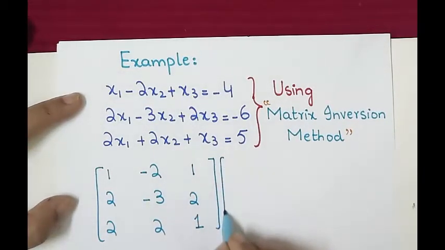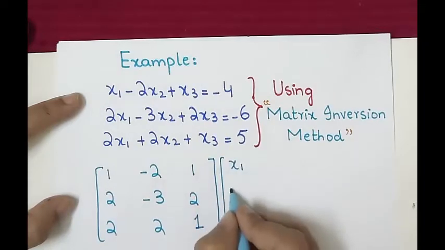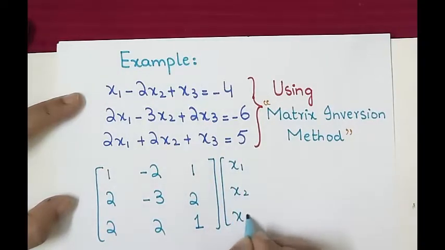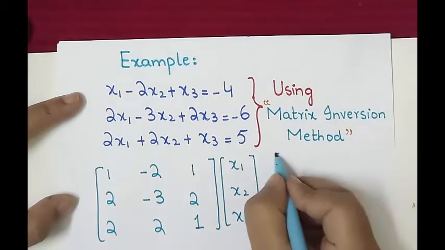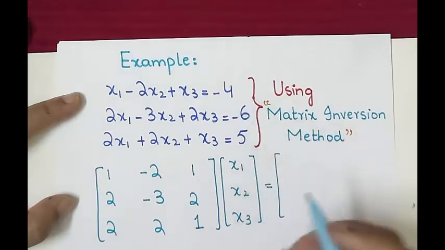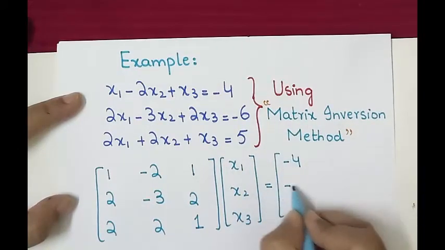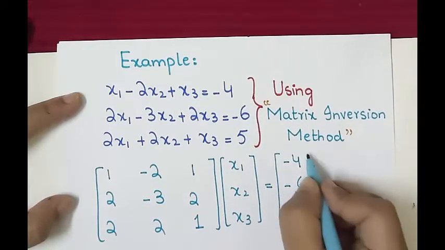Then we have another matrix in which we will write x1, x2 and x3, whose values we have to find, is equal to another matrix -4, -6 and 5.